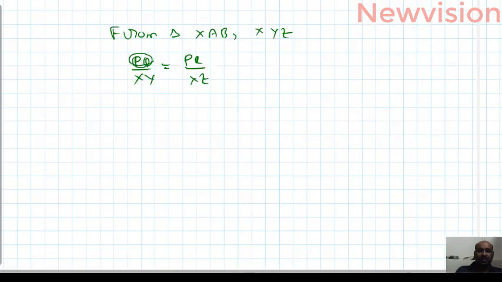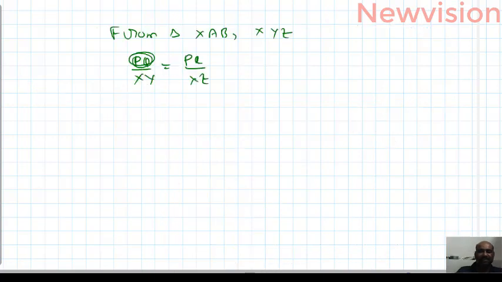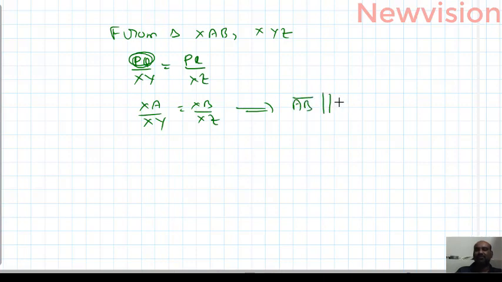So instead of PQ, what can I write? See the diagram. Instead of PQ, I can write XA. XA by XY equal to XB by XZ. That implies AB is parallel to YZ from the converse of BPT.